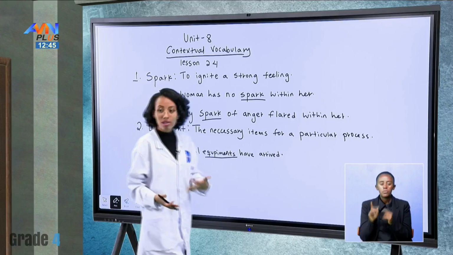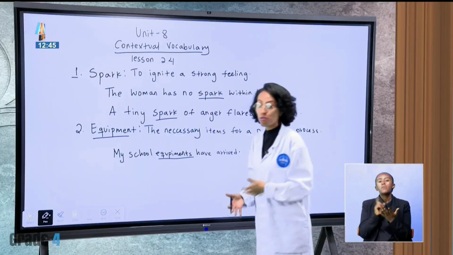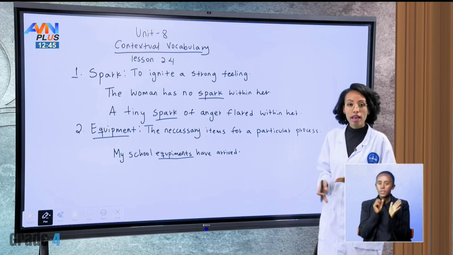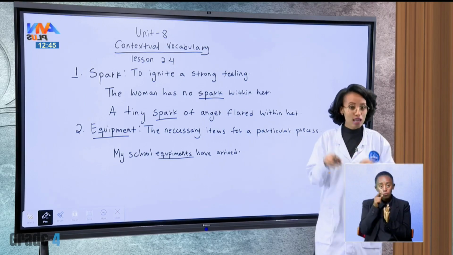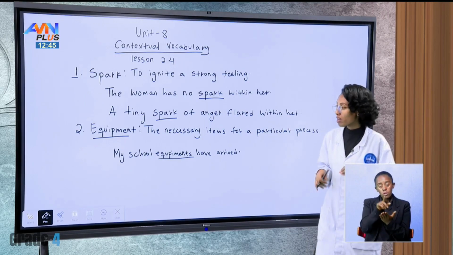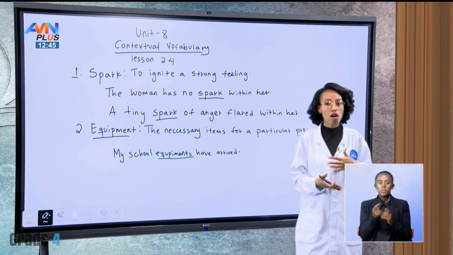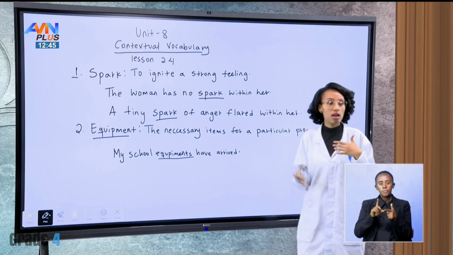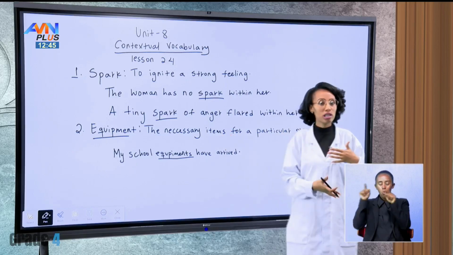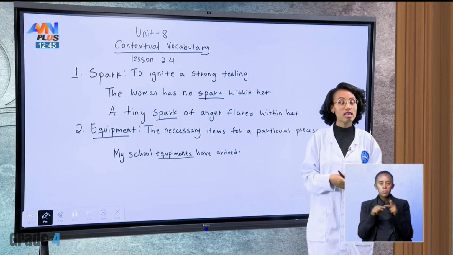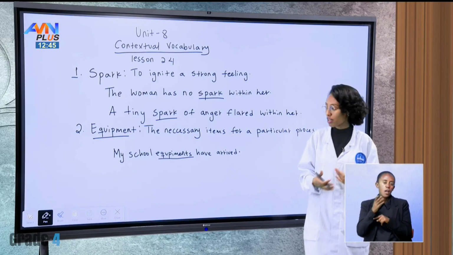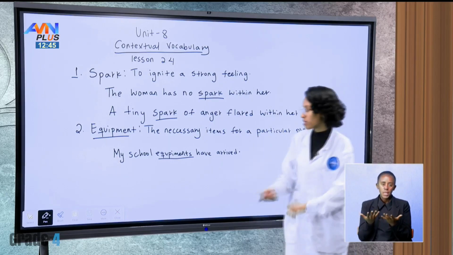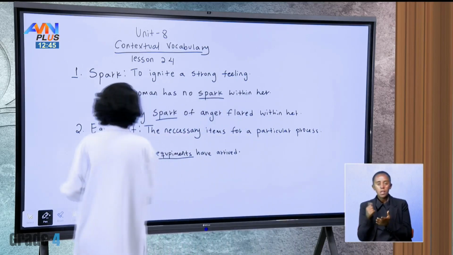As a student, what are the equipments that you have in your school? For example, in the school compound, the equipments you need are chairs, boards, tables, and different kinds of materials. And they could be what? Equipments. What other example can we give?